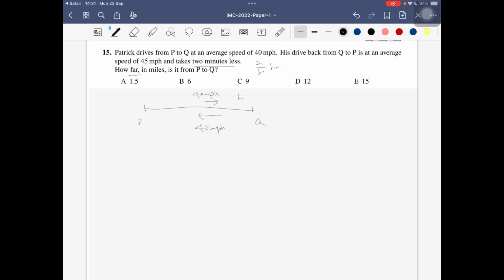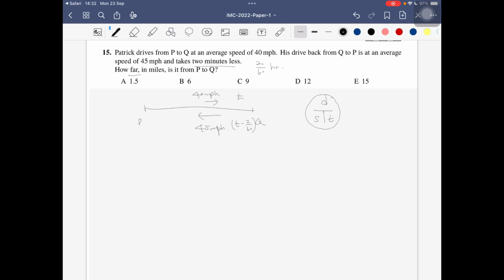If it takes t hours to go from P to Q, it must take t minus 2 over 60 hours when we come back. Another hint: the distance from P to Q and from Q to P is the same.